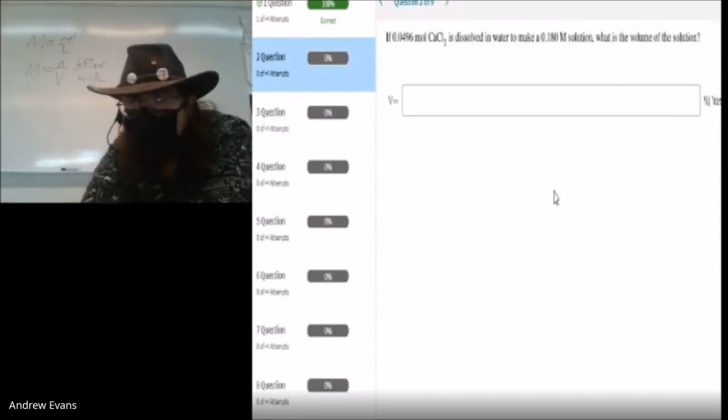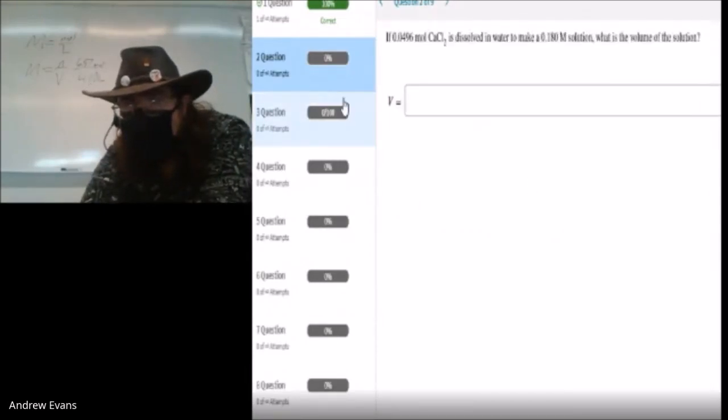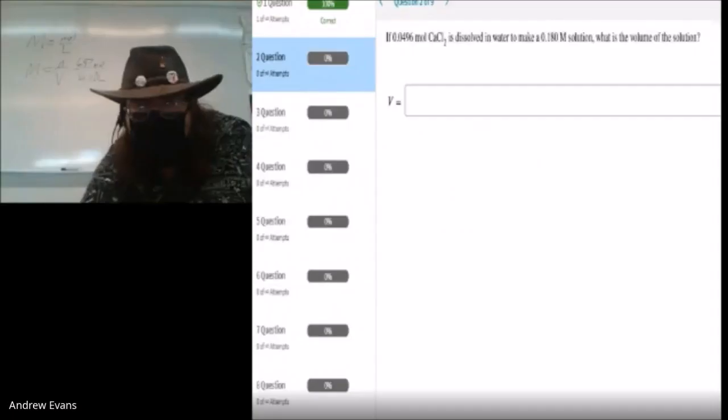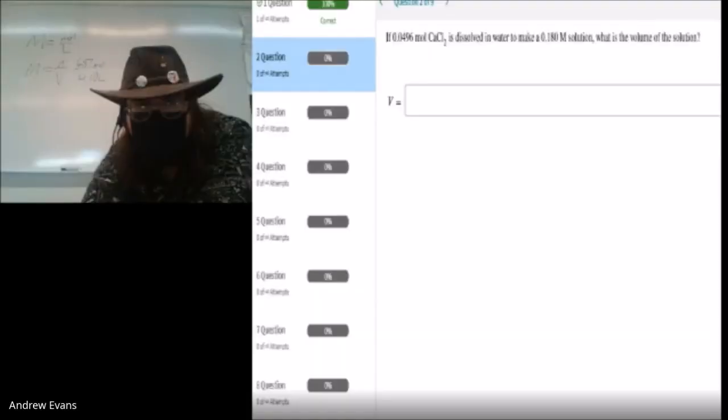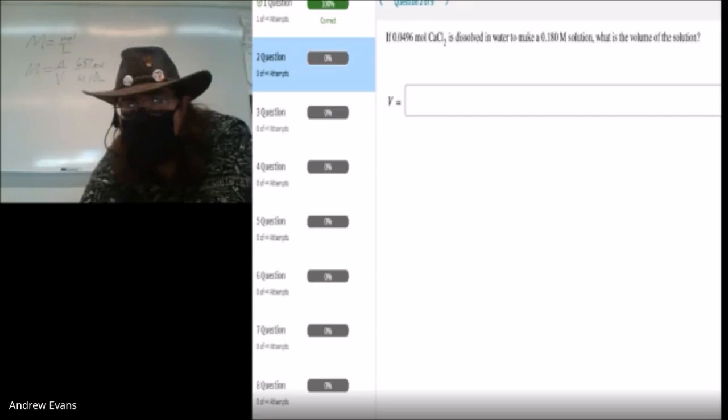Looking at the next problem. This one is just rearranging what it's asking for. So not really any harder, at least it shouldn't be. What we are dealing with here is, now we have moles and a molarity, and we're solving for the volume.